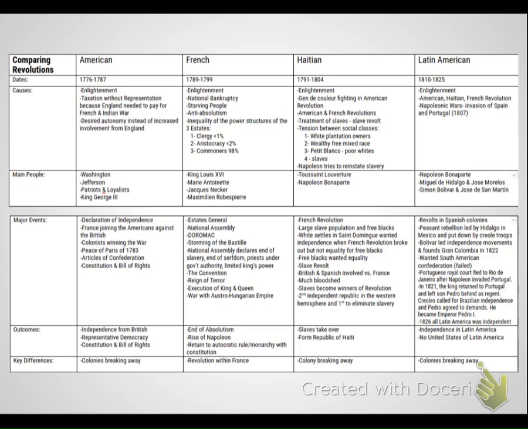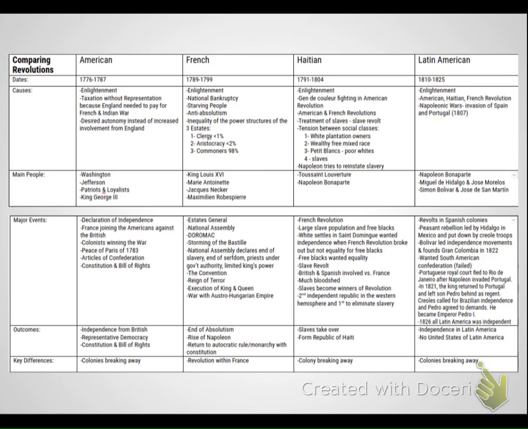We know that the American Revolution obviously found their freedom from the British. The French kind of went in a huge circle and went from an absolute monarchy all the way back to kind of a monarchy, and then had another revolution along the way, and then we have the movie Les Mis. And so when you're looking here, we see a lot of the different things that change.